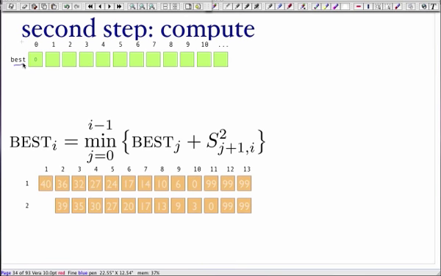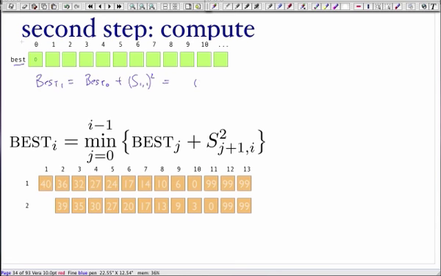So best 0 is 0. Best 1 is essentially going to be best 0 plus s of 1, 1 squared.